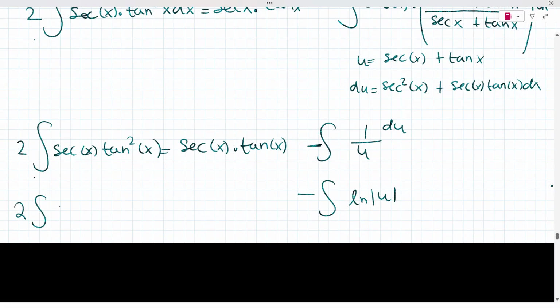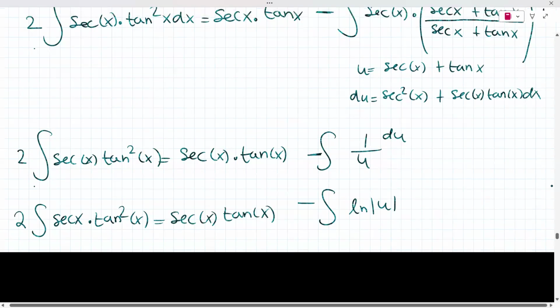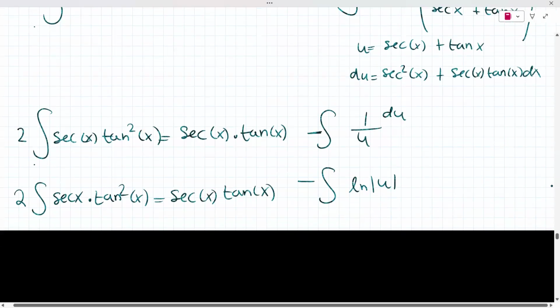So the integral of secant of x times tan square of x. Okay, and then I'm going to replace this u with secant of x plus tan of x.